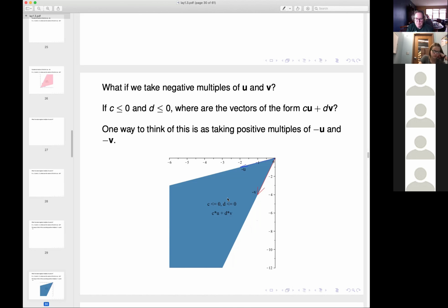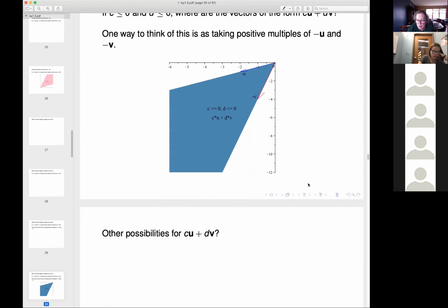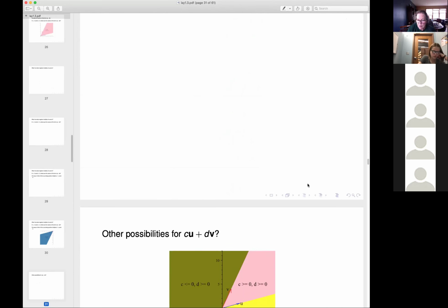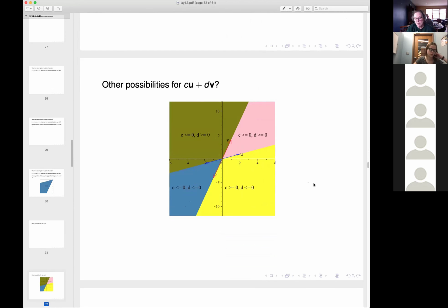All right. But again, there are no rules that say c and d have to both be positive or both be negative. We can take a positive multiple of one and a negative multiple of the other. If we look at this yellow part right in here, it's defined by the vector u and the vector negative v.